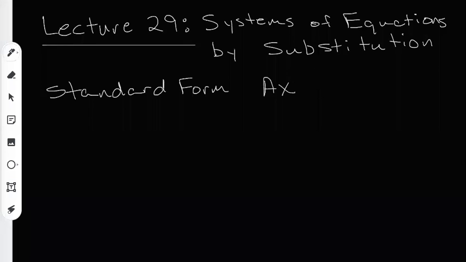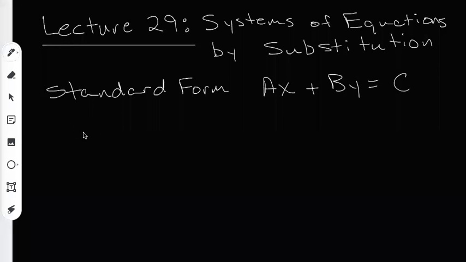Ax plus by equals c. So this is standard form. And typically you're going to see every single equation in standard form like this.